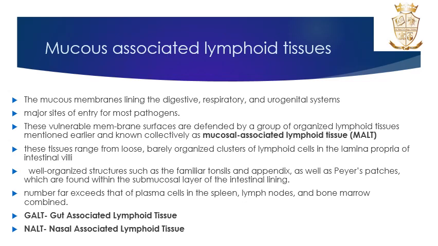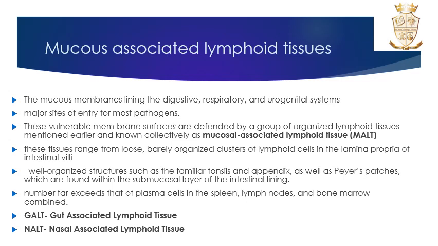It is found in the mucous membranes lining the digestive, respiratory and urogenital systems, major sites of entry of most pathogens. These vulnerable membrane surfaces are defended by a group of organized lymphoid tissues, now collectively known as mucosa-associated lymphoid tissue.